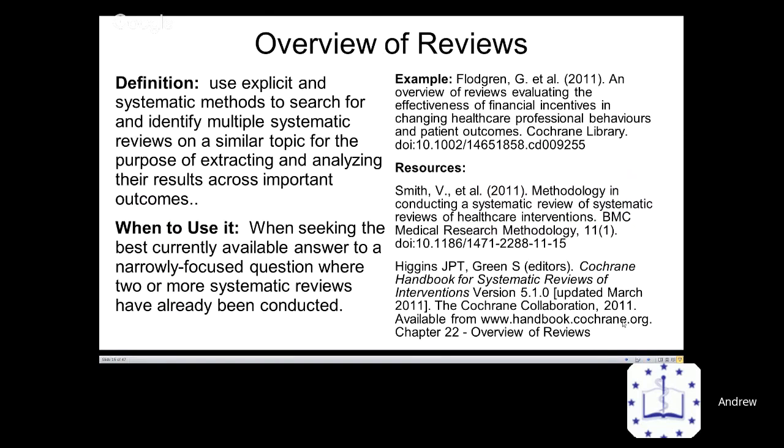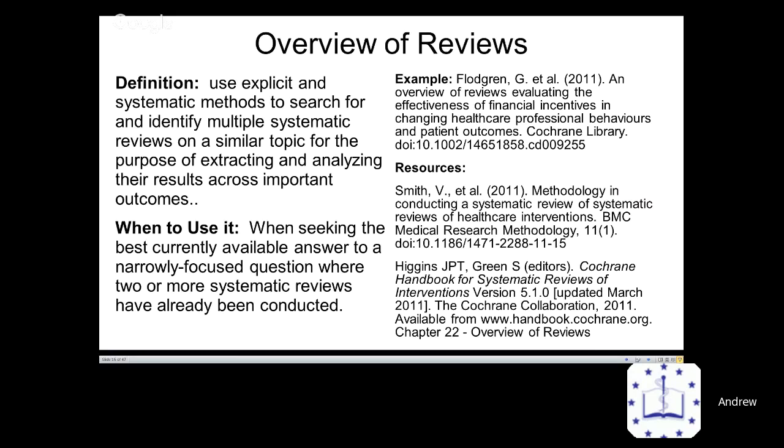So that's the vanilla flavor, the original traditional flavor. What other forms of systematic review do we see? Well, as more systematic reviews are available, we now see a new creation called the overview of reviews. So instead of someone having to look through every single individual study, they look through every single systematic review on the same topic.